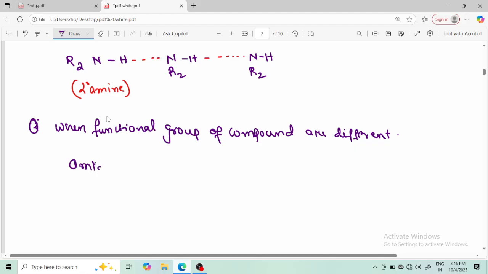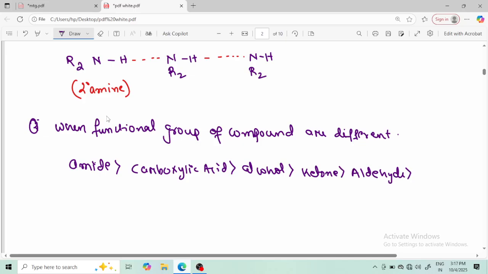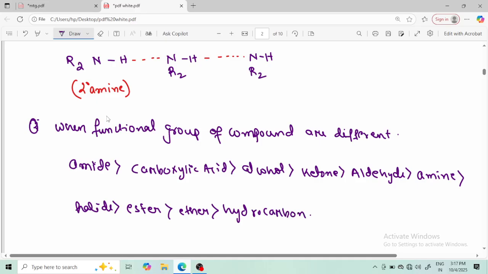The first one is amide, then carboxylic acid, then you have alcohol, then you have ketone, then you have aldehyde, then you have amine, okay, continuation, then you have halides, then you have ester, then you have ether, and then you have hydrocarbon. Hydrocarbon means it can be either alkane, alkene, or alkyne.